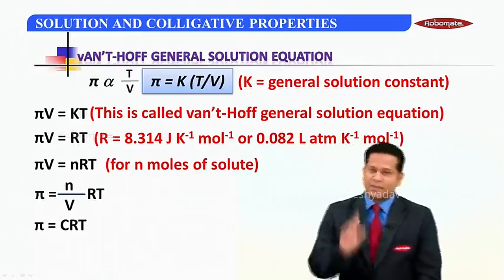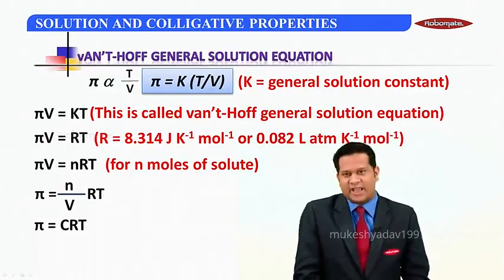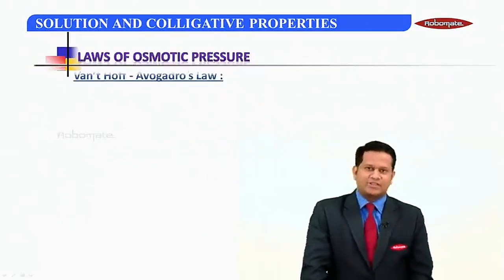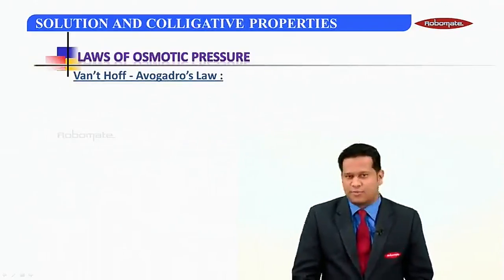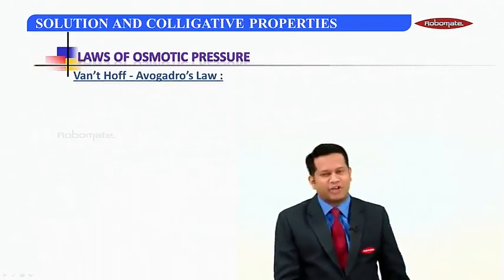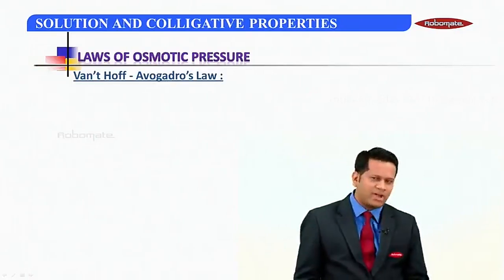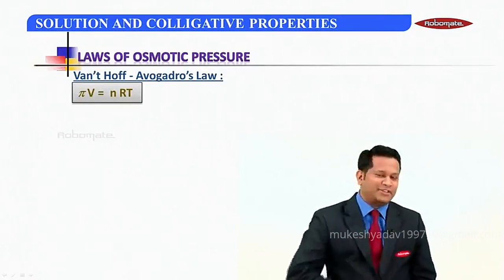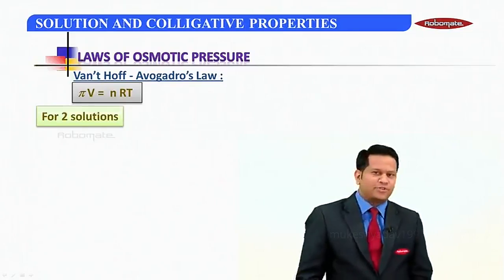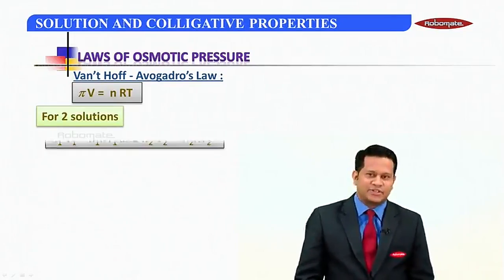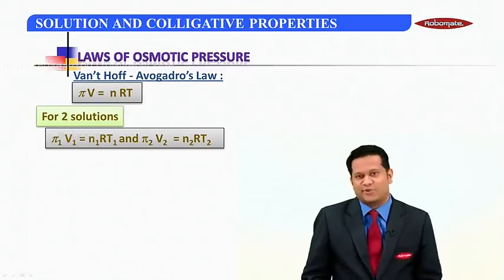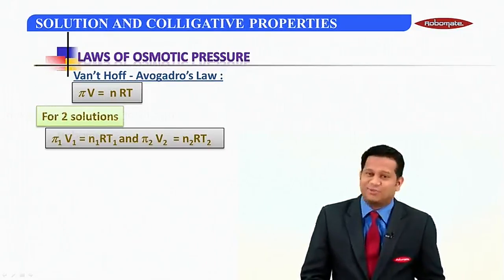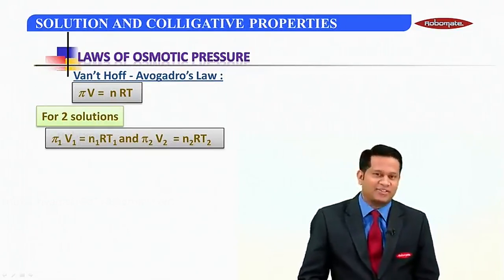Having these equations, pi V equals nRT and pi equals CRT, let's go to the third law of osmotic pressure, that is Van 't Hoff Avogadro's law. For this, I'll use the equation pi V equals nRT, and for two solutions the equations will be pi 1 V1 equals n1 RT1 and pi 2 V2 equals n2 RT2.